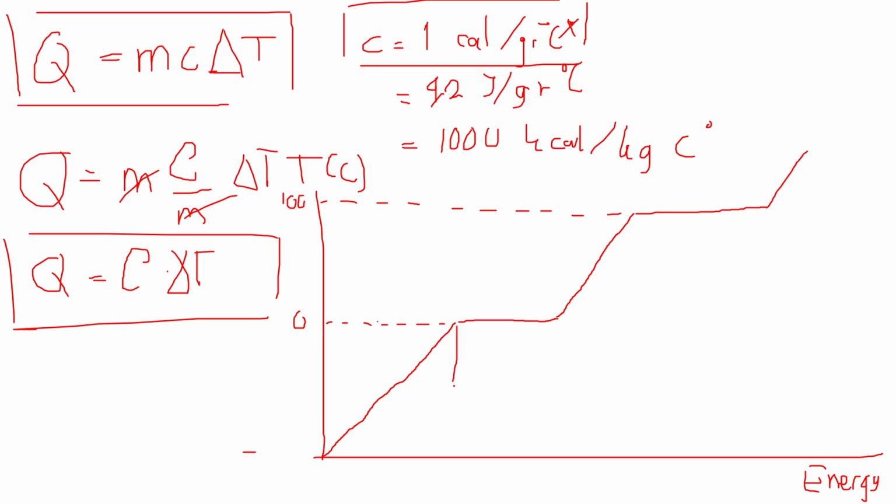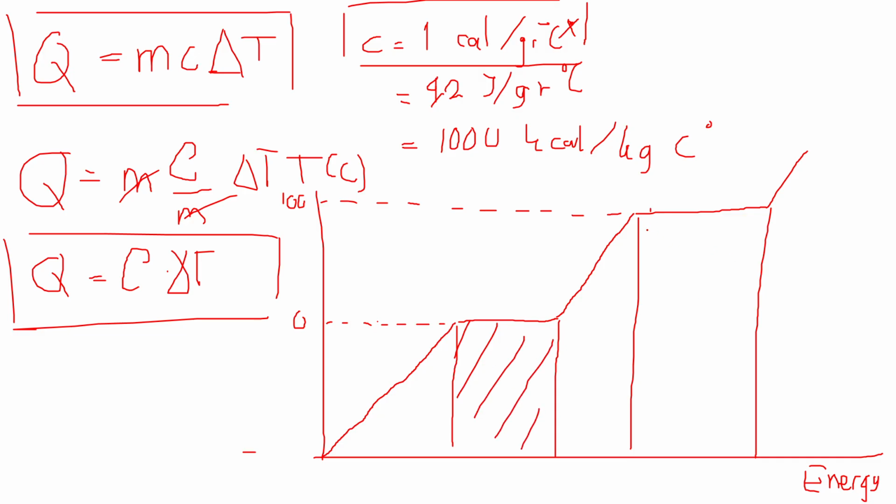What's going on? Basically, we have two parts here that don't seem to want to move. These two parts. So what's going on here? Basically, at these two parts, the heat is not being used to change the temperature, but it's being used to change the state. At this point, everything is ice.